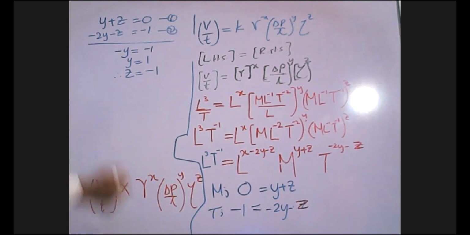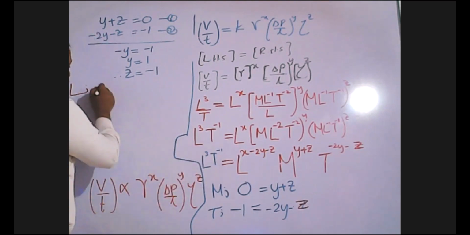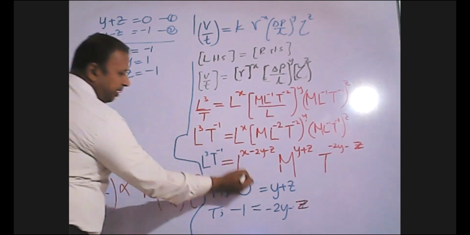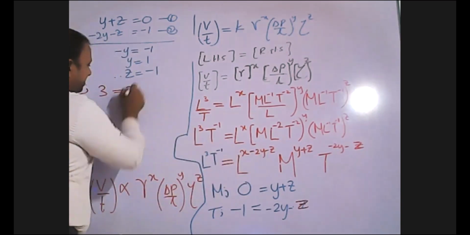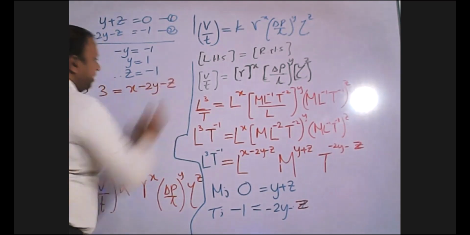So I can equate the power of L now. In LHS, the power of L is 3. In RHS, the power of L is x minus 2y minus z.